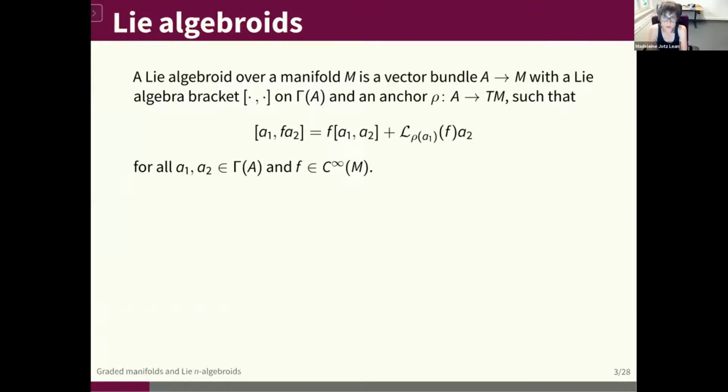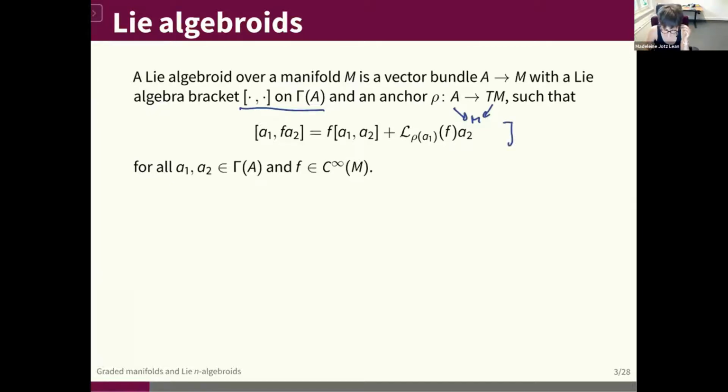A Lie algebroid is a vector bundle A over a smooth manifold M, equipped with an anchor, a vector bundle homomorphism rho over the identity on M. That anchor anchors a Lie algebra bracket on the infinite-dimensional R-vector space of sections of A. So you have this Lie algebra, Gamma A, the sections of A. And it's not completely wild, you have a compatibility with the derivations along the manifold.